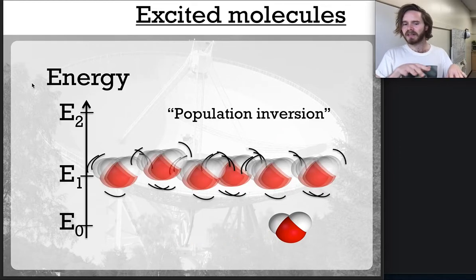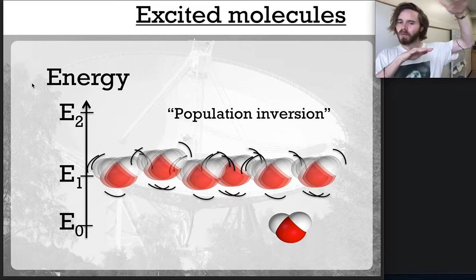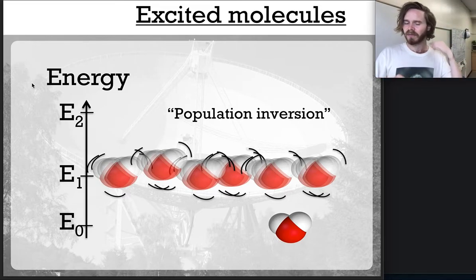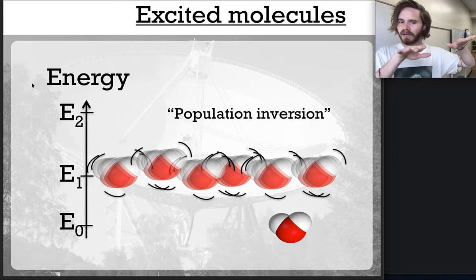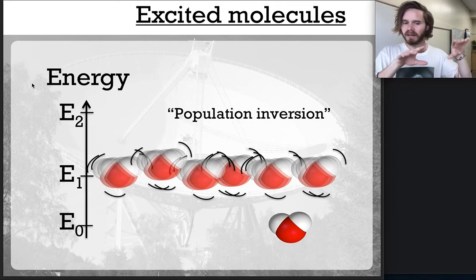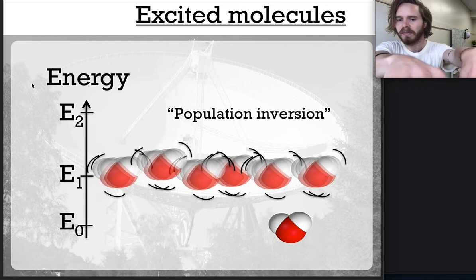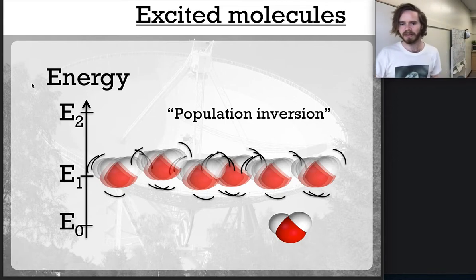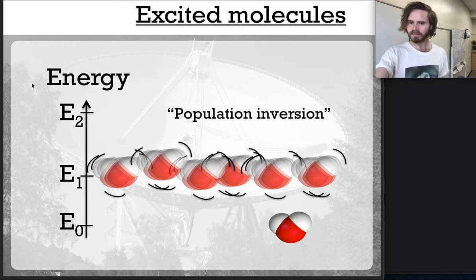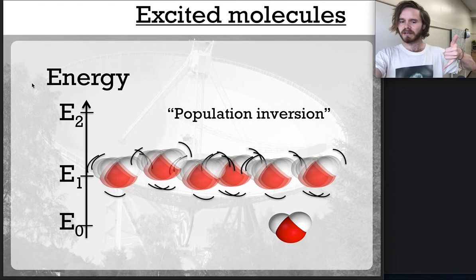It doesn't really matter which one has the most, this is a 3-level system, but population inversion is achieved when any one of the higher energy levels has more molecules than one of the lower ones. So there's various kinds of population inversion you could have. You could have, say, all of these up at level 2 instead of level 1. That would still be population inversion. But anyway, not more at the bottom, but instead inverted to be more at the top.